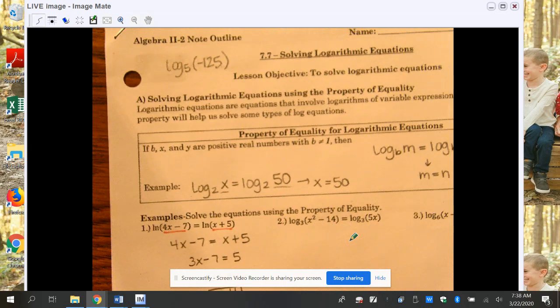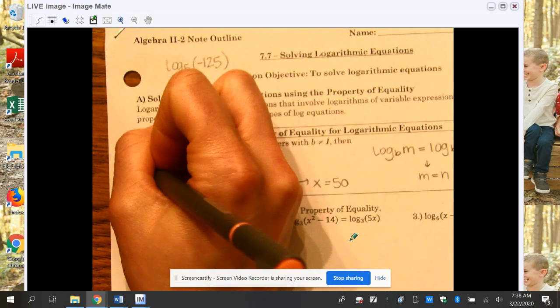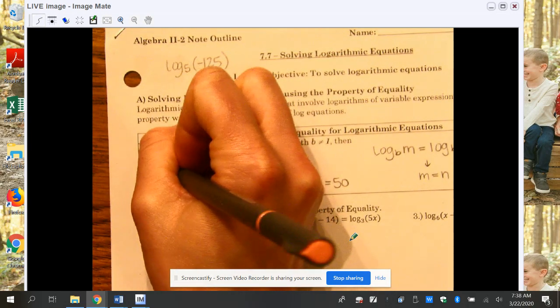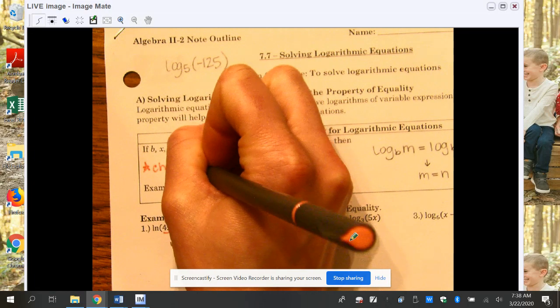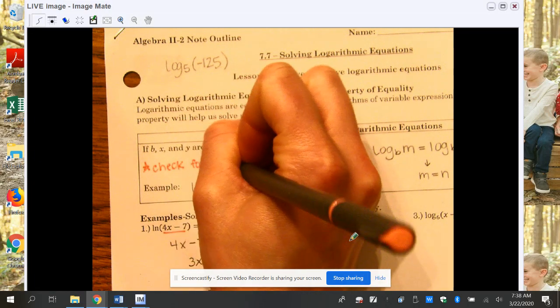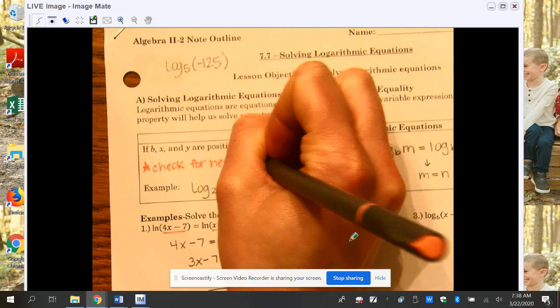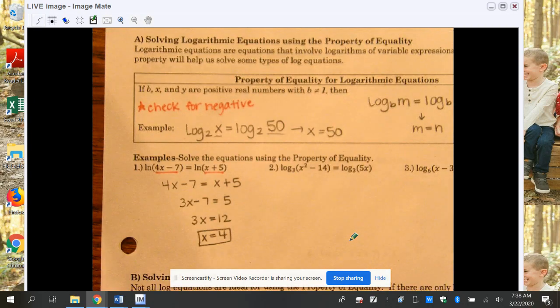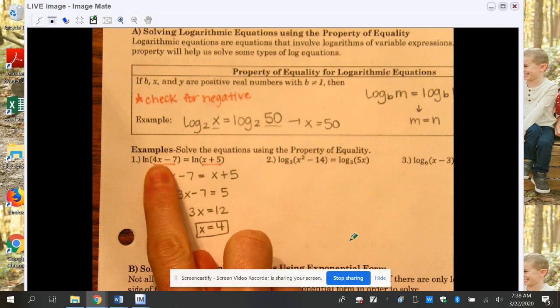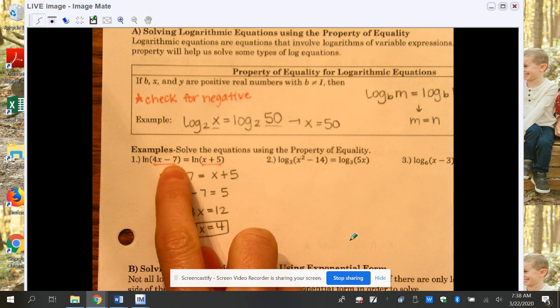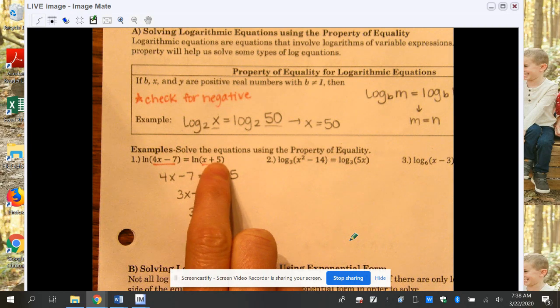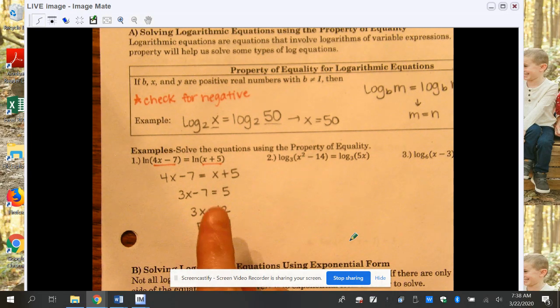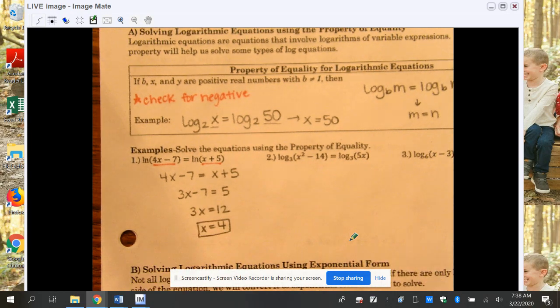So you almost want to add that in here. You always need to make sure you check for negatives. You need to double check to make sure that whatever you get for x doesn't make this quantity negative. So 16 minus 7 is going to be 9. Both of those are positive. They're equal, so I know my equation is good to go.